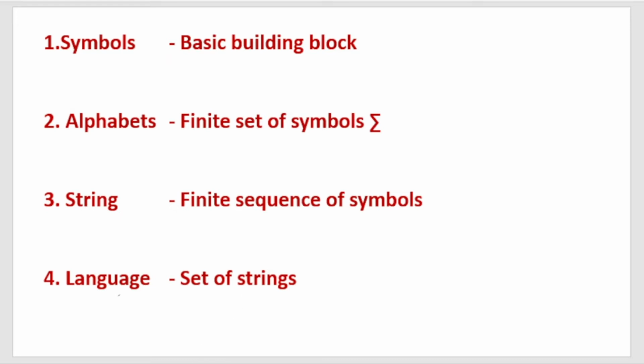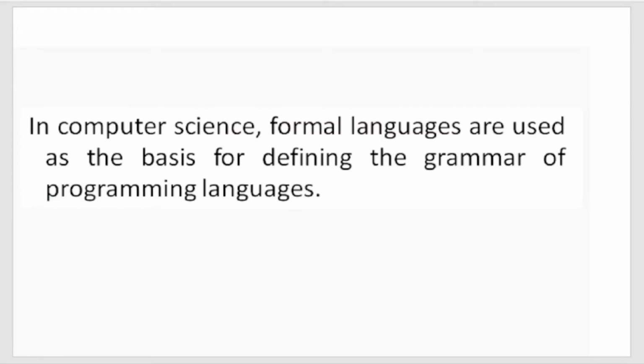Now let us see about formal languages. In computer science, formal languages are used as the basis for defining the grammar of programming languages, and also to construct the compiler for that particular language. What is a formal language?